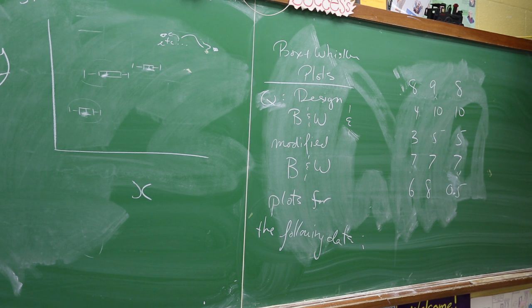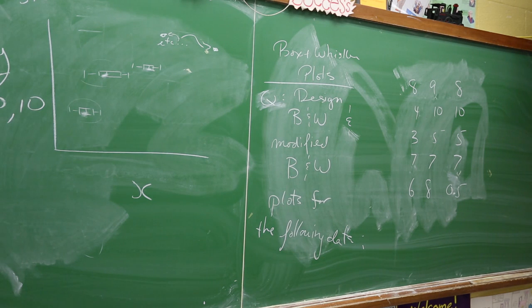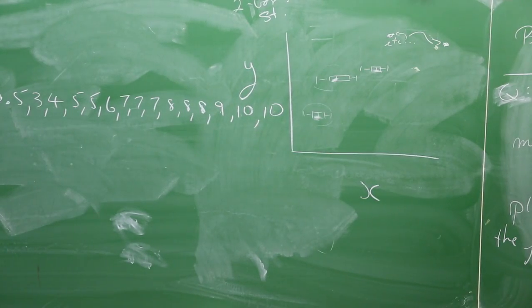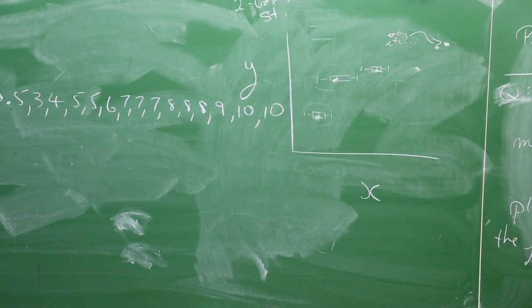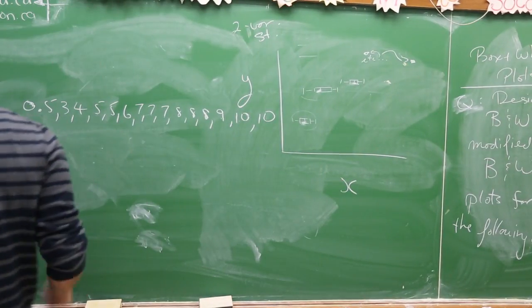How many 4s? 1, 2, 5, 6, 3, 7, 3, 8, 1, 9, 2, 10. Okay, we gotta be careful because I gotta remember how this works. So, I want to double check the number of data points. You guys are gonna be 1, 2, 3, 4, 5, 6, 7, 8, 9, 10, 11, 12, 13, 14, 15. 5 by 3 is 15. So that checks out. You guys have given me the right number of data points.